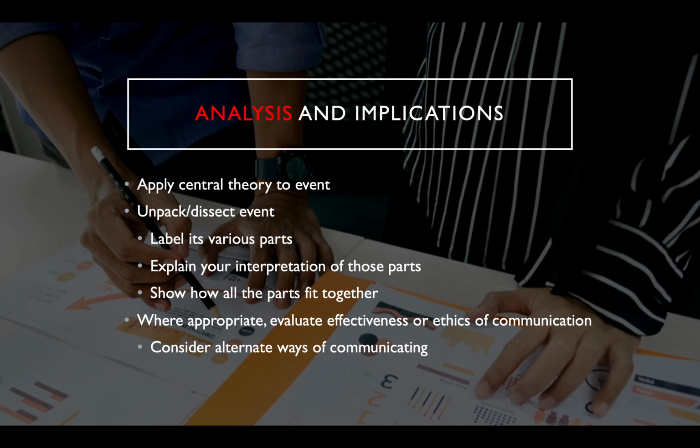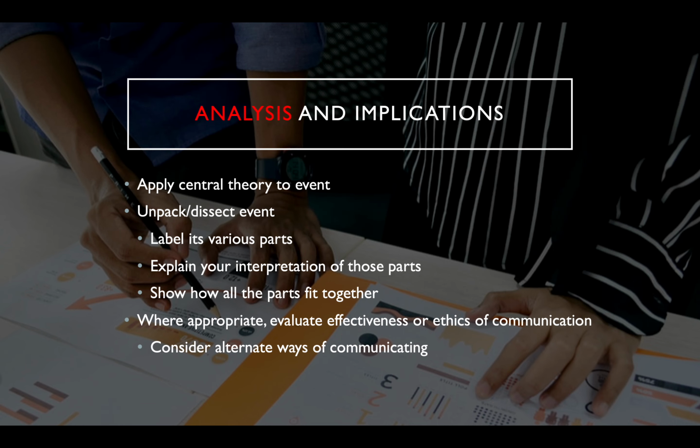So, using the central theory you choose from the list provided, unpack and dissect the communication events, label the various parts, explain those parts, and show how they all fit together in the accomplishment of either relational or task-related goals in the relationship.